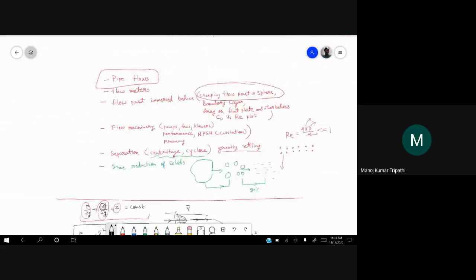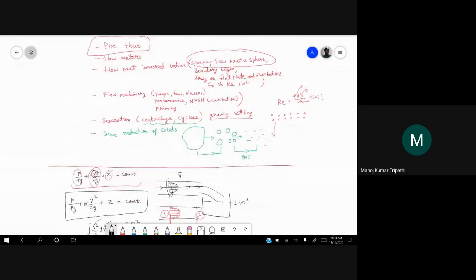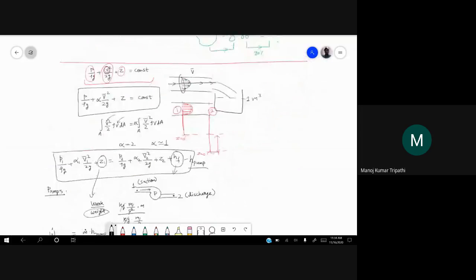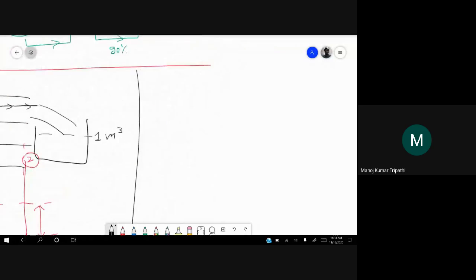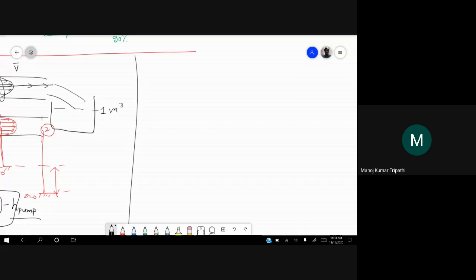Now we'll go back to the list again. Okay. So these flow meters, that means how do we measure the quantities related to a fluid flow? For example, velocity, pressure, mass flow rate, volume flow rate, which can be found from velocity again. Okay. So mainly velocity and pressure need to be found.